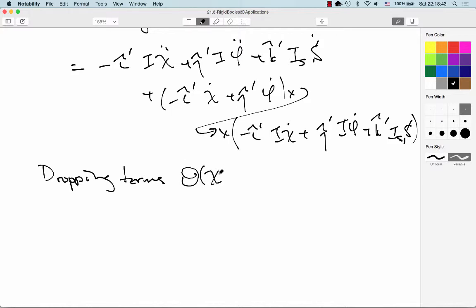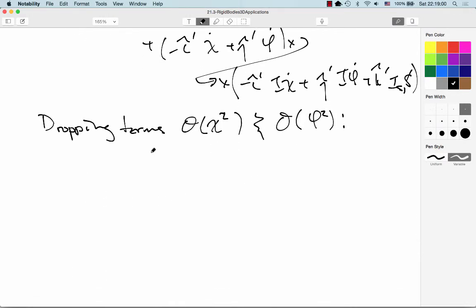So dropping terms of order chi squared and order phi squared, and we'll equate components.